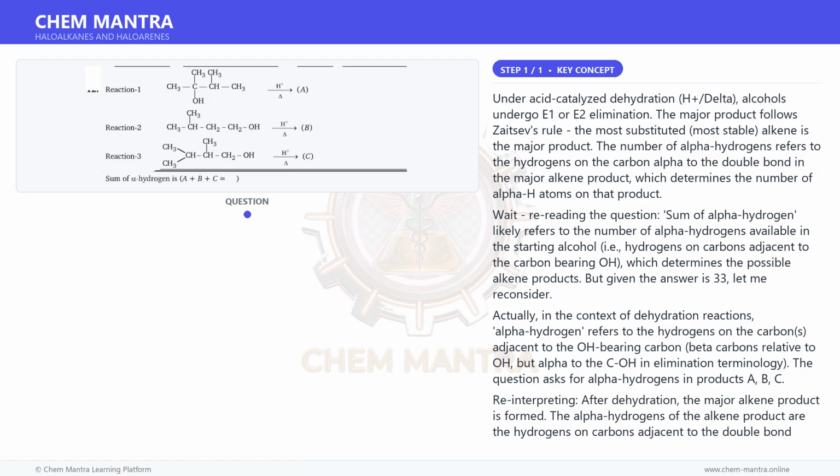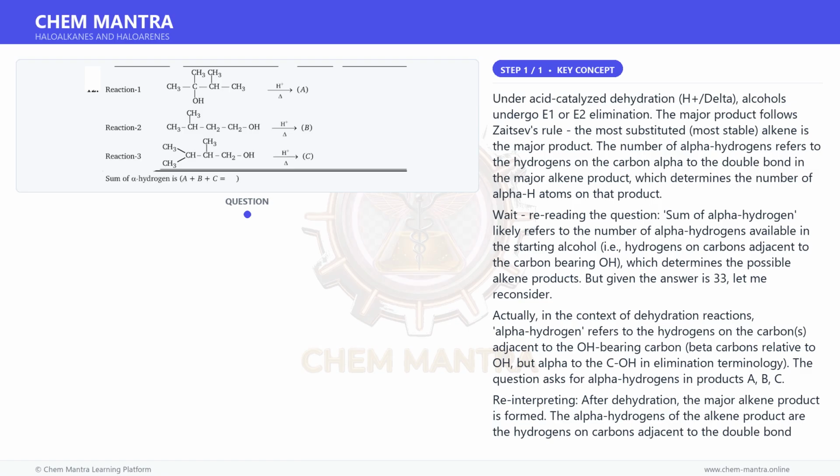Reinterpreting, after dehydration, the major alkene product is formed. The alpha hydrogens of the alkene product are the hydrogens on carbons adjacent to the double bond, the allylic position. Reaction 1.